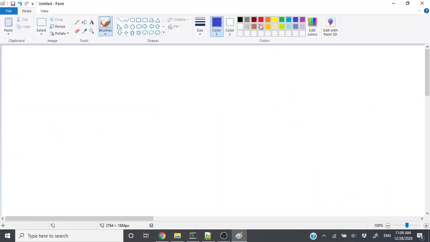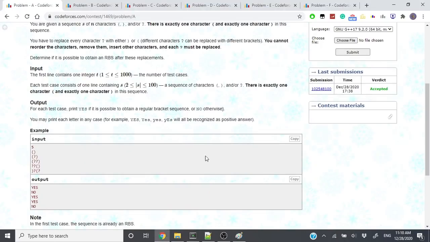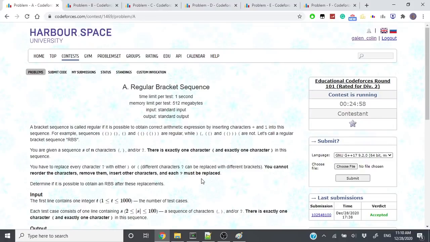So basically, you're given a string consisting of either question marks, left parens, or right parens. However, there's exactly one left parens and exactly one right parens. And so the question is, can you fill the question marks in with right or left parens so that it forms a balanced bracket sequence, or a regular bracket sequence?